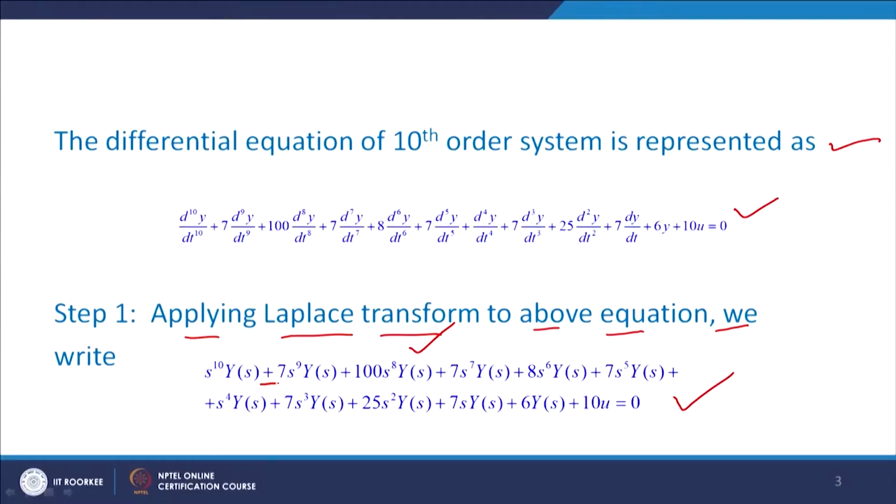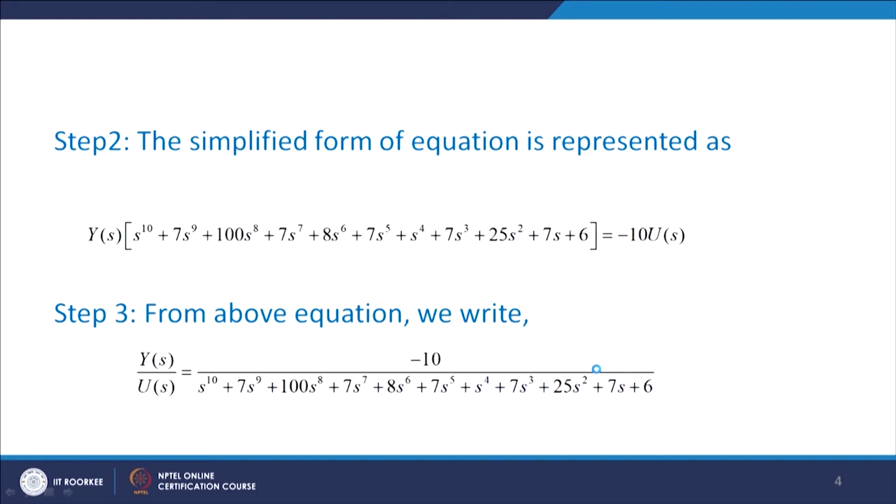Now, the simplified form of the equation is represented as follows. What we have done is taken Y(s) common and we have got this equation. Now, from the above equation Y(s) by U(s), we have got this equation. See here, the 10th order equation, and this minus 10 has come to this side.